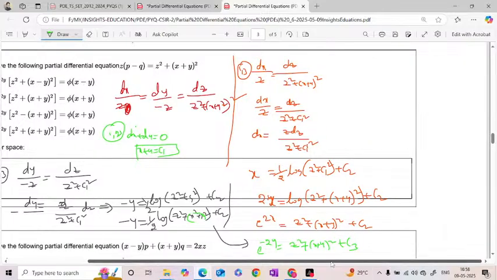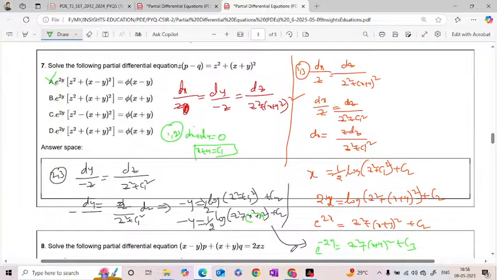Now does it suit? So positive only. So option B and D are both the same. Option B, D same. There is nothing new. So option B, D.